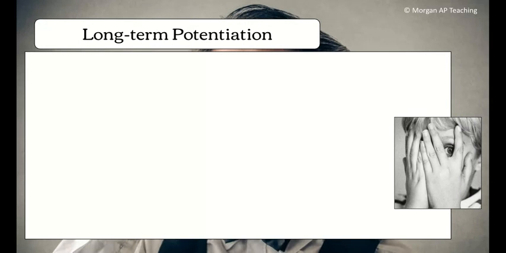The reason flashbulb moments are believed to be so clear and long-lasting is due to a phenomenon known as long-term potentiation. It's an increase in neuron firing potential after a brief, rapid stimulation. So what this means is that when a particular memory is coupled with a surge of neural or emotional activity, a surge of dopamine, a surge of serotonin, because something's very embarrassing or very scary or it makes you very happy, then we seem to recall that memory with better detail, accuracy, and more vivid imagery.